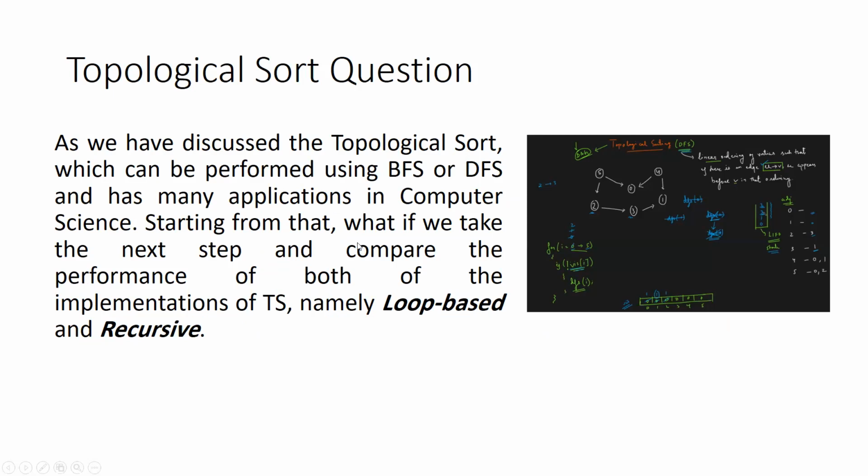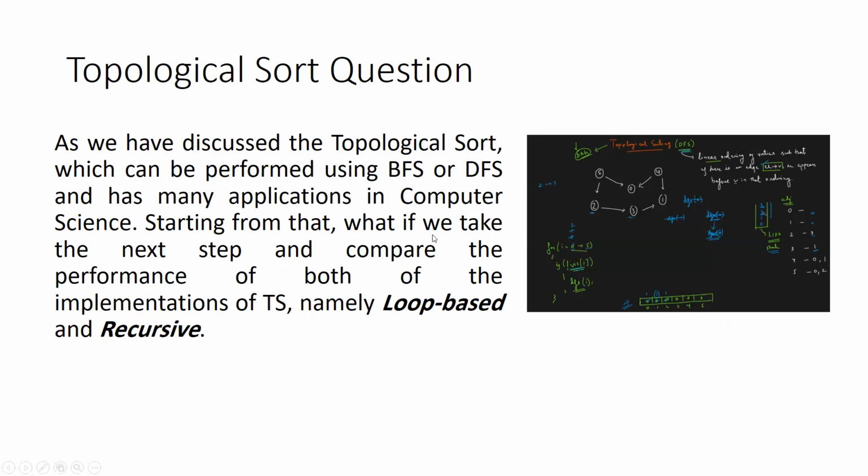The question about the topic of topological sort is this. As we have discussed, topological sort can be performed using BFS or DFS, and has many applications in computer science.